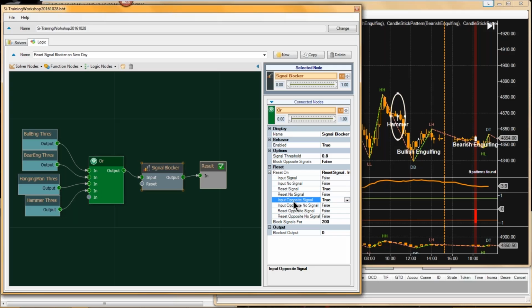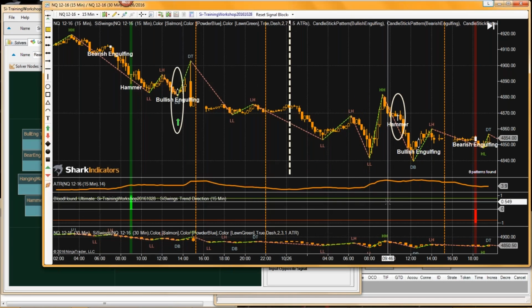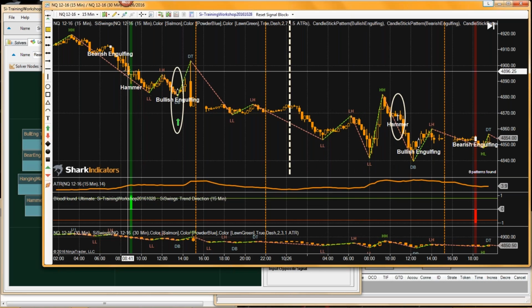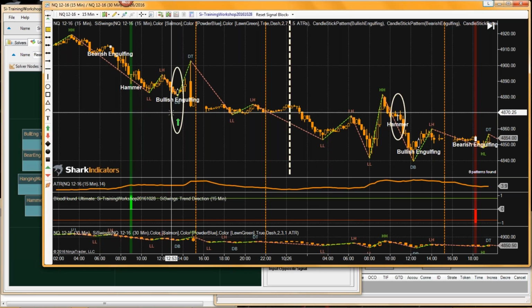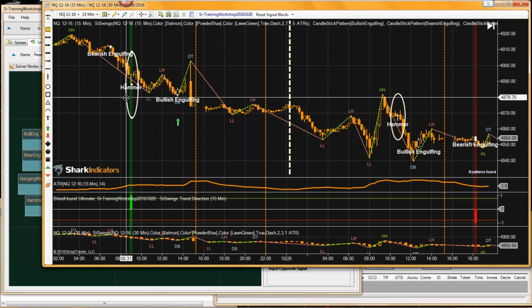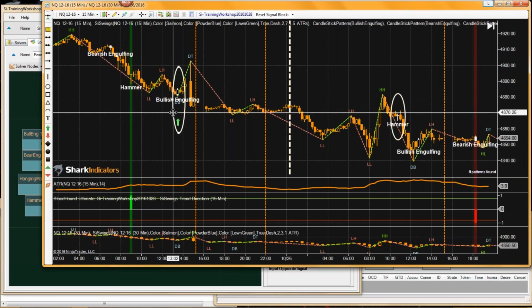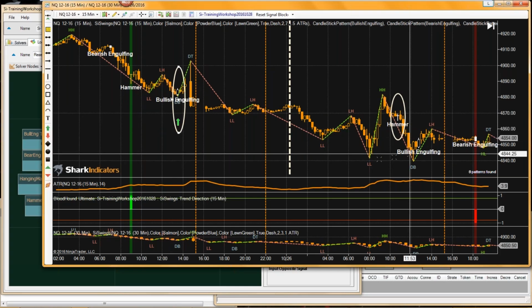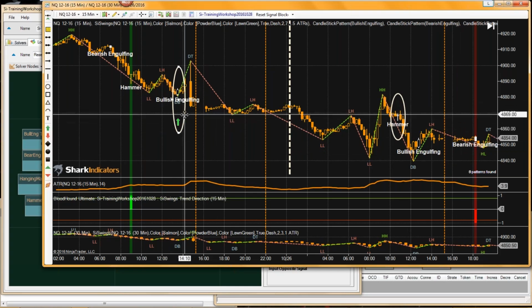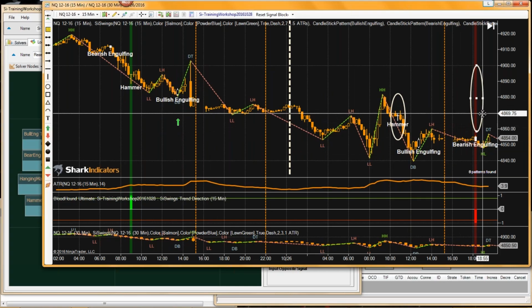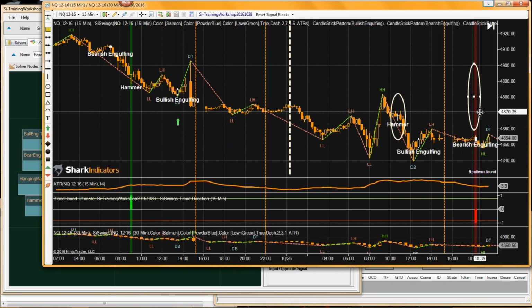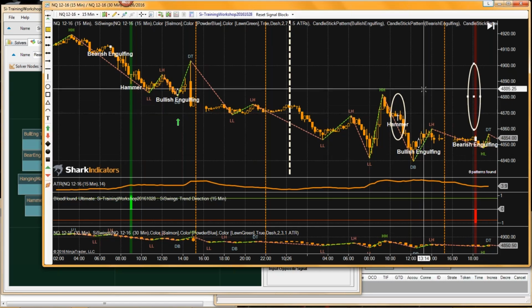So input opposite signal, for example, look here. We got a long signal here, and then this next long signal was blocked. So a short signal has to come in first before another long signal can show up.